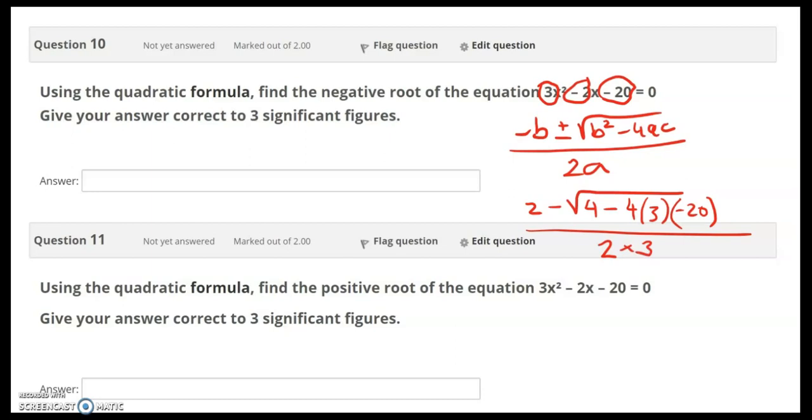So now we can work with the numbers. We get 2 minus square root of, multiplication first, so minus 20 times 3 is minus 60. Minus 60 times minus 4 is 240, and 240 is positive, so we'll go 4 add 240, which gives us 244, all over 6.